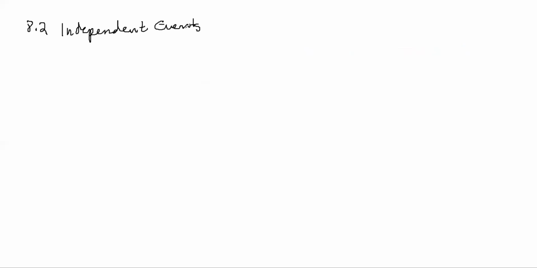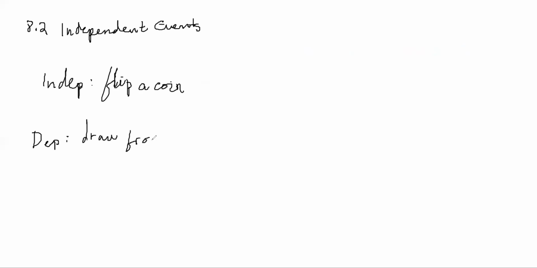Consider the classic independent example: flip a coin. Can we spell today? Guess not. And a classic dependent event is drawing from a deck without replacement, because then the probabilities change as you draw one card.